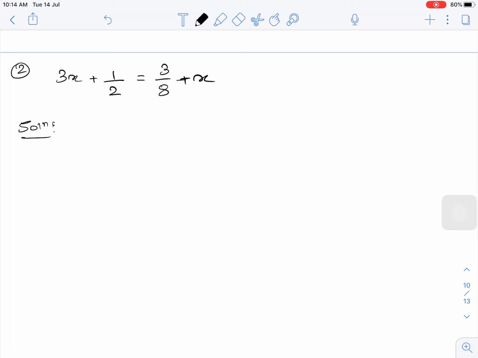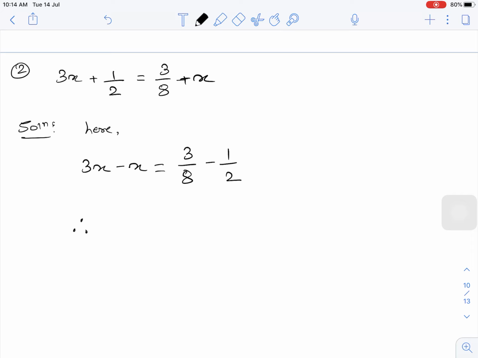Solution, given: now I am directly bringing this x on left hand side. So it will become minus x equals to, already 3 upon 8 is written here, so I will write here 3 upon 8.